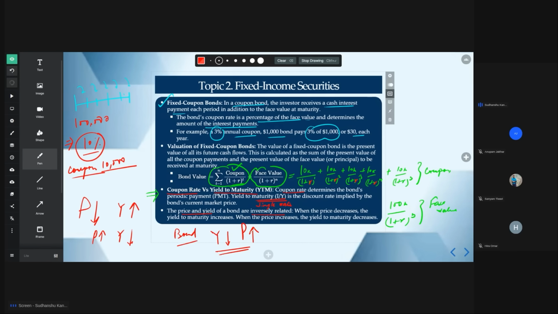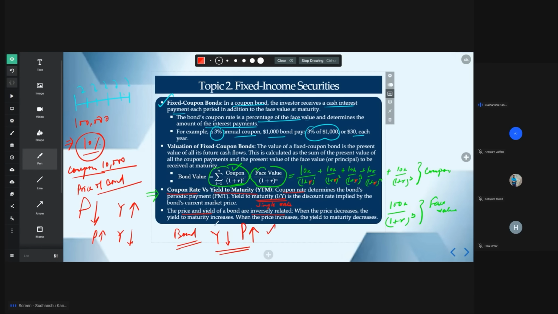The yield goes down, the price of the bond goes up. P is the price of the bond, guys. This is a universal relationship, it holds every time, very common. Today this is happening in the US market: the yield has gone down, the price of the bond is going up.